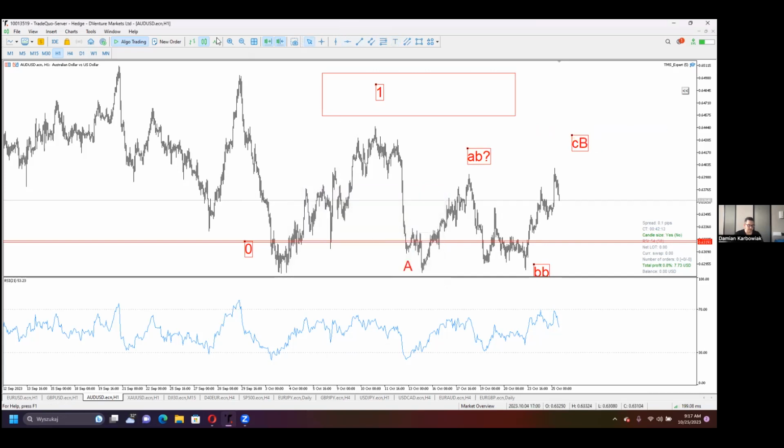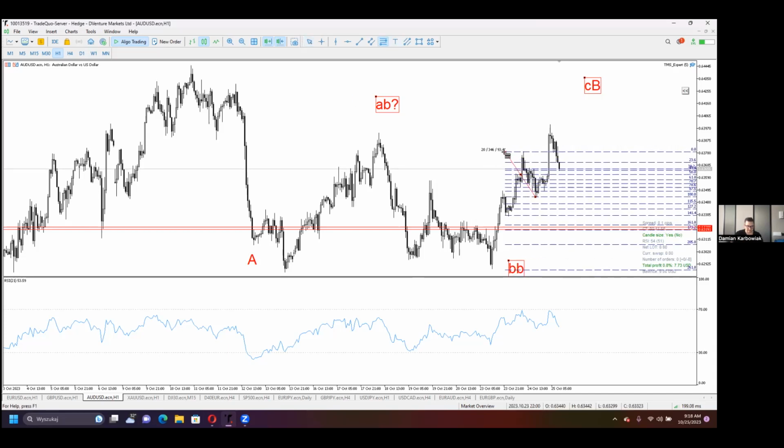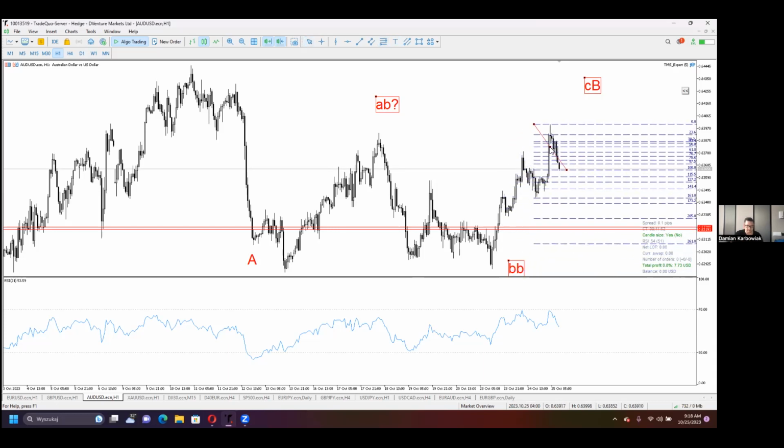So after that, we know only that in total, let's say all of the wave B must have 3 waves, and B inside of the B must have 3 waves. So even if we check the closest one-to-one where they came right now, here is another one-to-one zone.